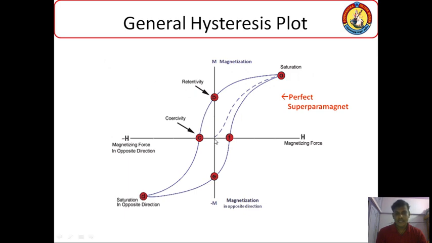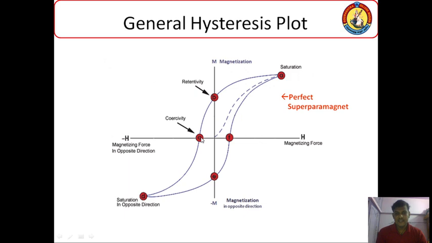Here, in the absence of the external magnetic field, it starts at the zero point. Then when we increase the applied magnetic field on the material, the magnetization value increases linearly until the saturation magnetization value is attained. Then when we remove the field, the magnetization value continuously reduces up to the remanence value, and at zero magnetic field it comes to the coercivity value.